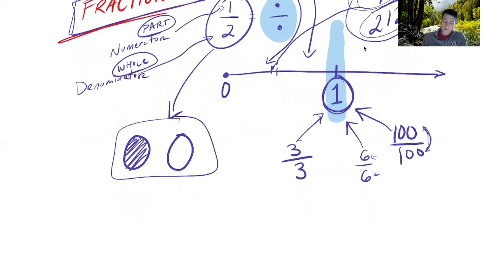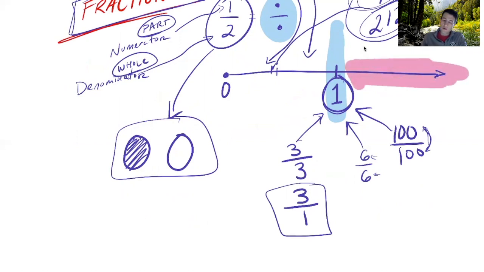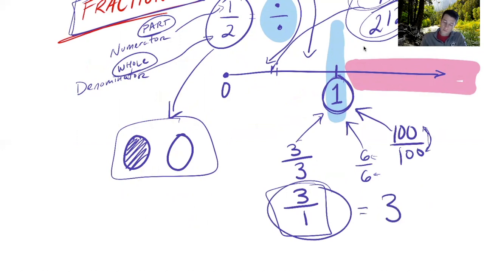Just for frame of reference, if I said 3 over 1, and we'll get to this later, that means we are going beyond 1. We'll talk about that in future videos: 3 over 1 is 3, the whole number 3.